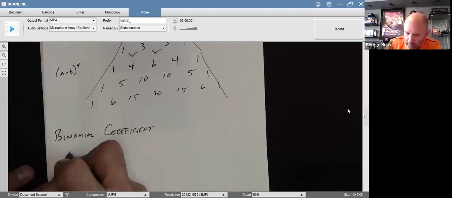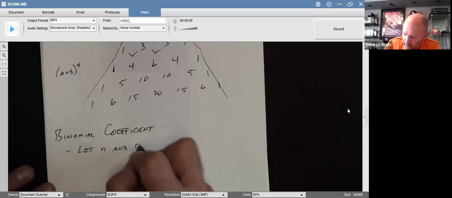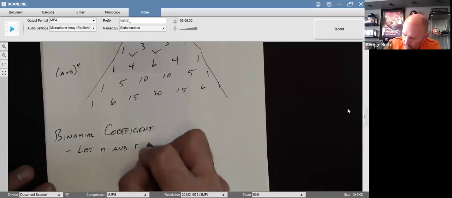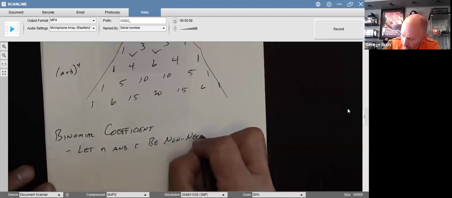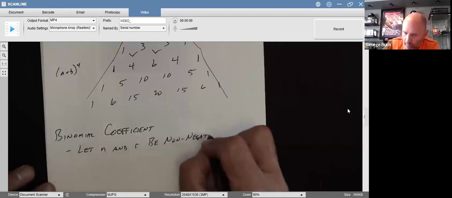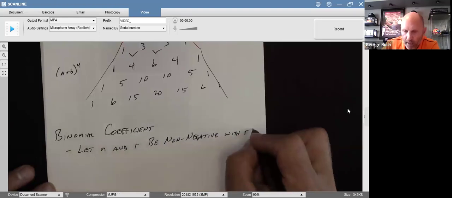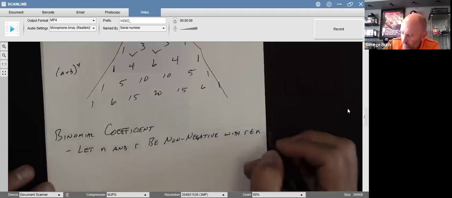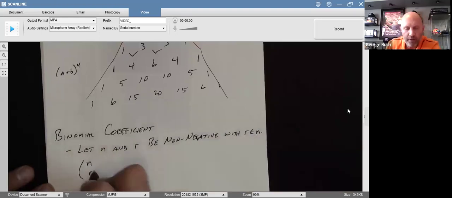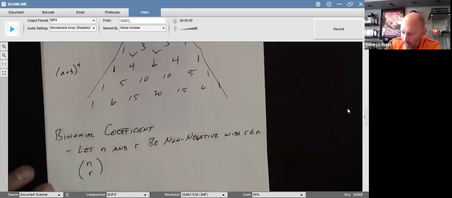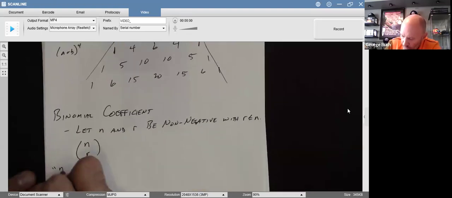So we're going to say the following: let n and r be non-negative integers with r less than or equal to n. So the binomial coefficient has this notation, and what this is called is n choose r.